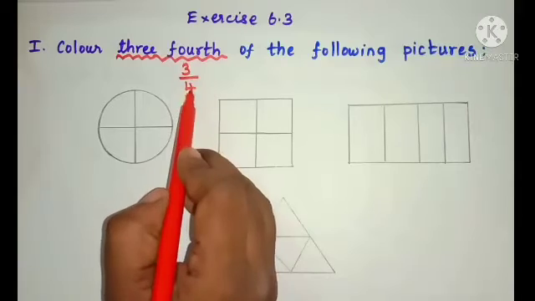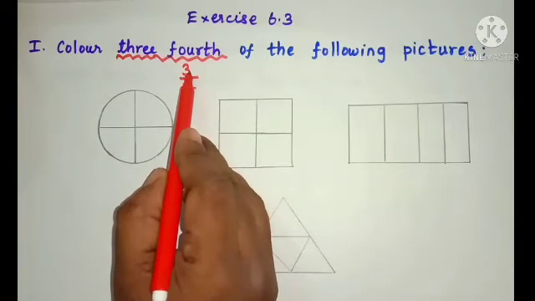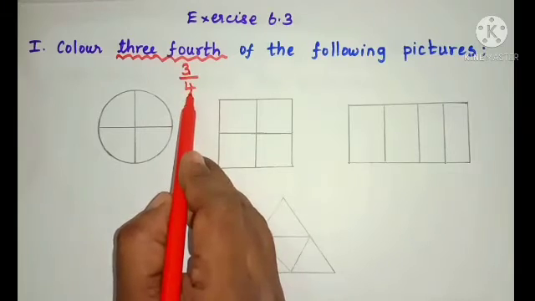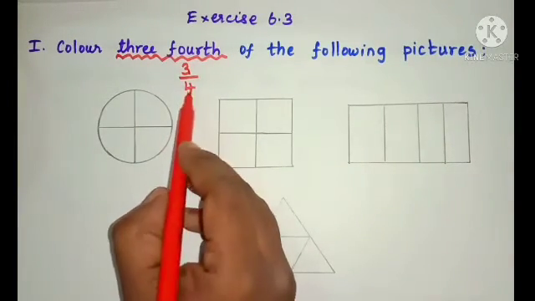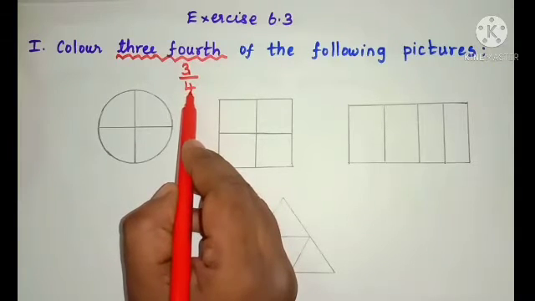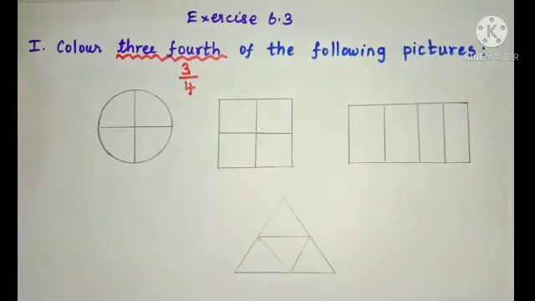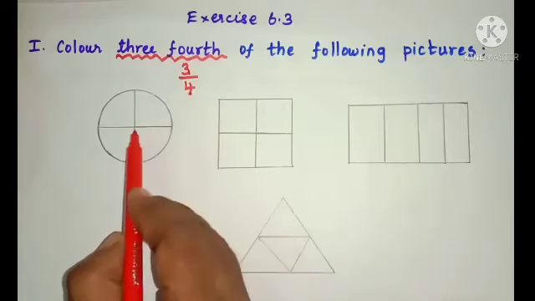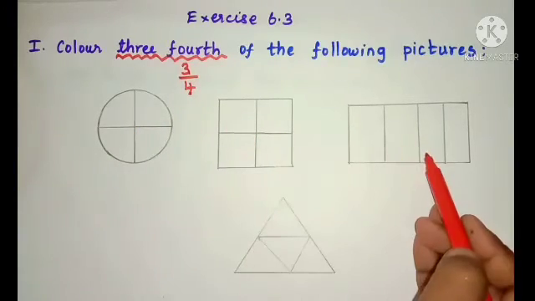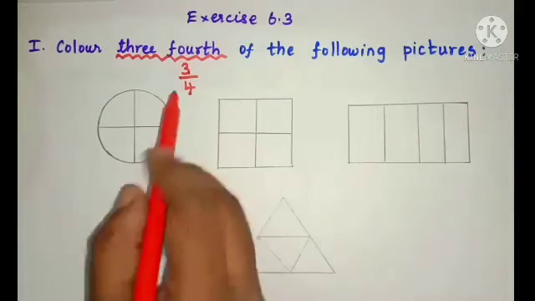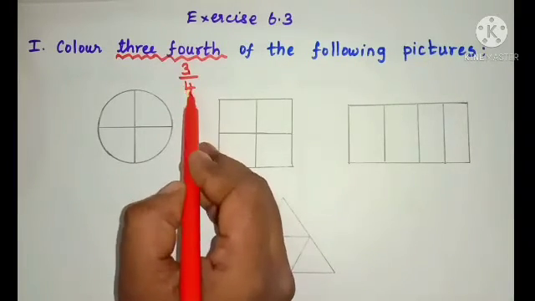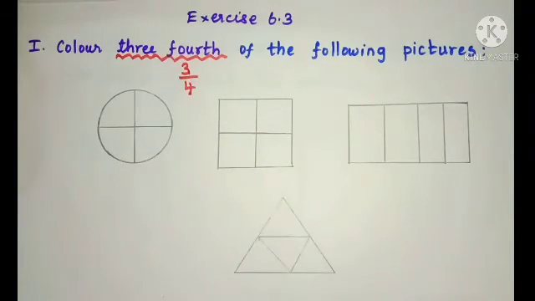That is, 3 is the number of parts you have, and 4 is the total number of parts the figure, the shape, is divided into. So here the circle, square, rectangle and triangle shapes are divided into 4 equal parts.